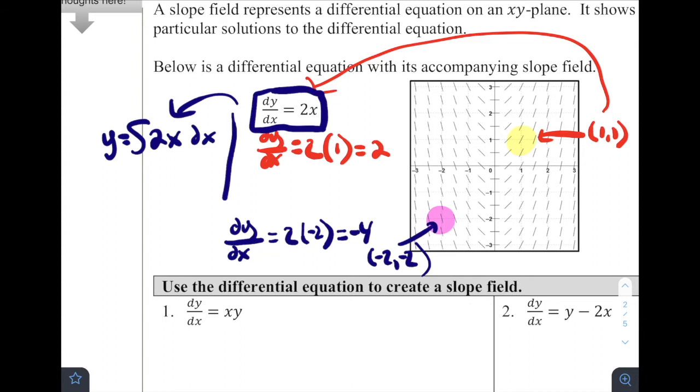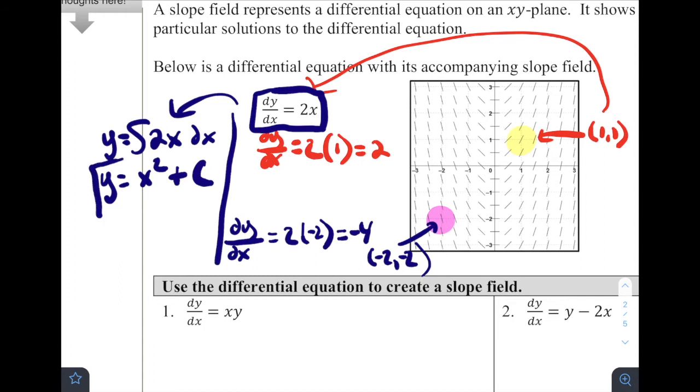And we can use our power rule, where we add 1 to this exponent. So this is like x to the 1 now. If we add 1 to that, that would be an x squared, and we would need to divide by 2. So that would cancel this 2 out. And that tells us that y here would be x squared. And then because this is an indefinite integral, we're going to have a plus c at the end.